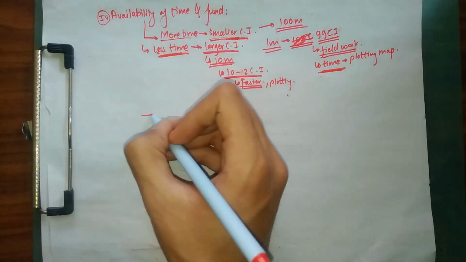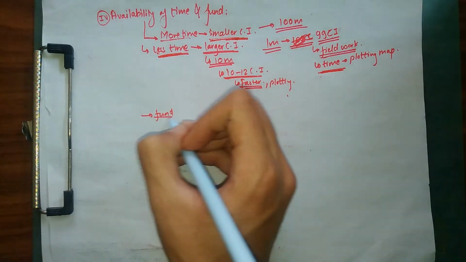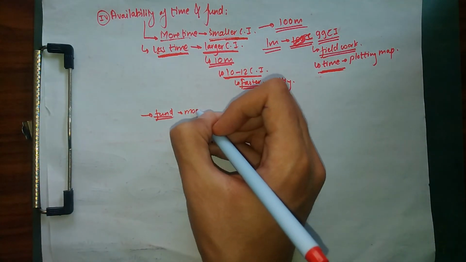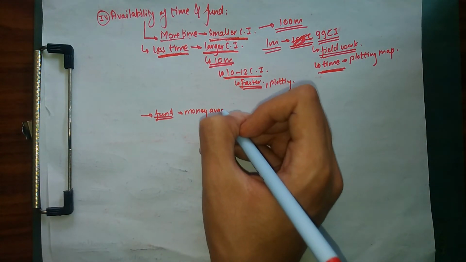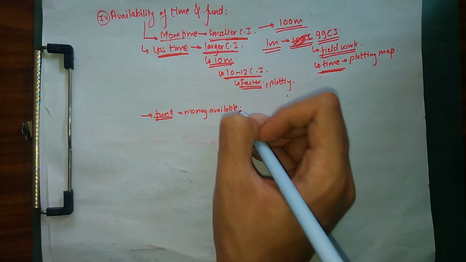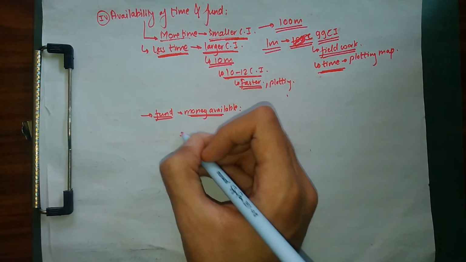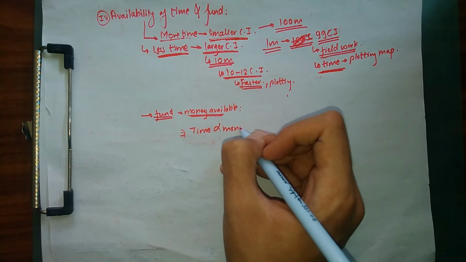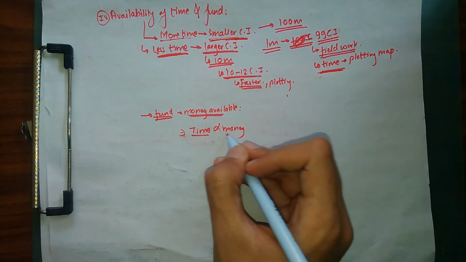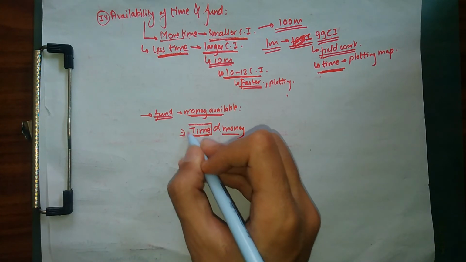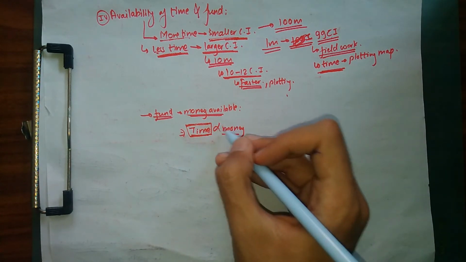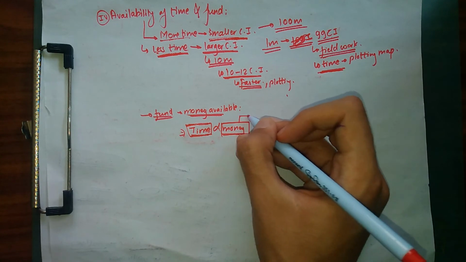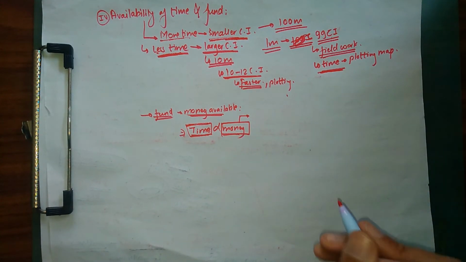Next is fund, which means the money available for our project or for our field work. We can directly relate that time and money are directly proportional, which means if we spend more time on the ground, we need to spend more money for our field work.